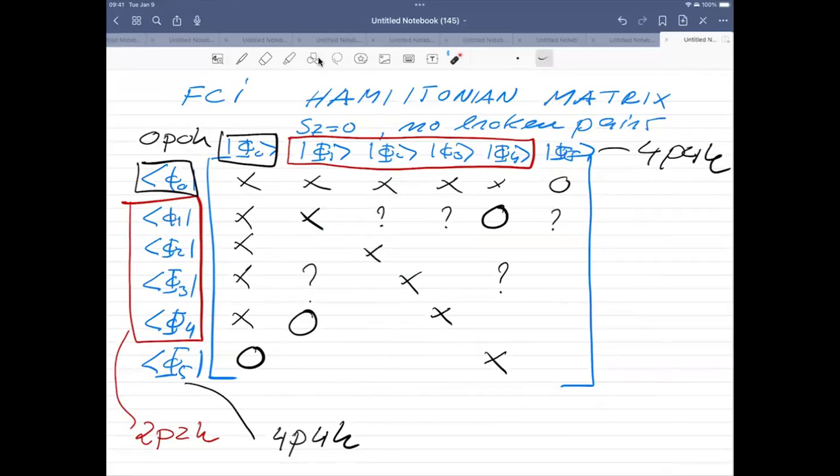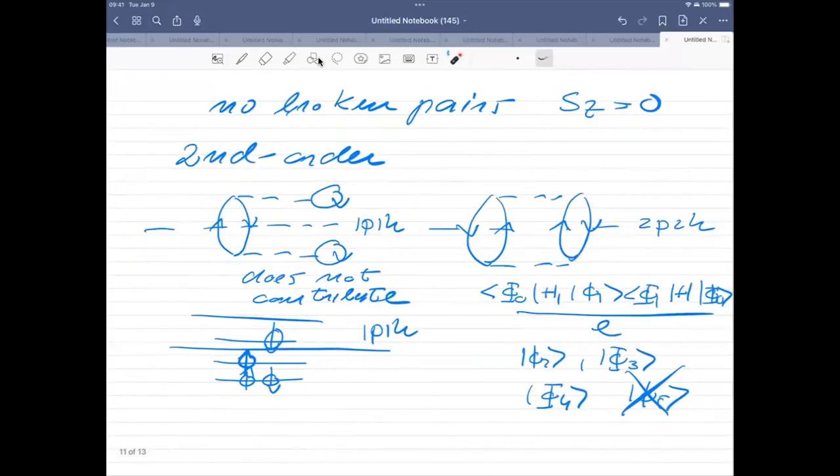So if you leave out the higher excitations than two-particle, two-hole, you're simply doing a calculation with the singles and doubles. This kind of hierarchy of truncations is widely used in full configuration interaction theory, because that reduces the dimensionality of the problem. And then if you take away the four-particle, four-hole excitation, you can make a direct comparison with many-body perturbation theory to second order.